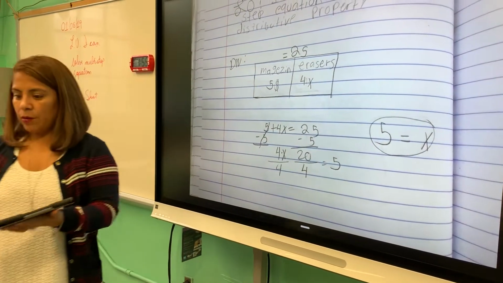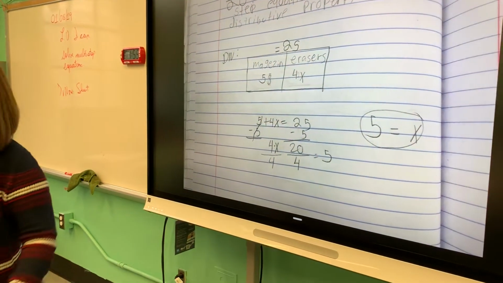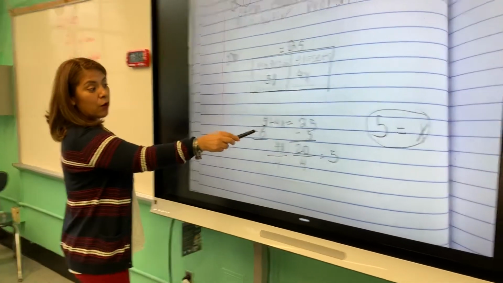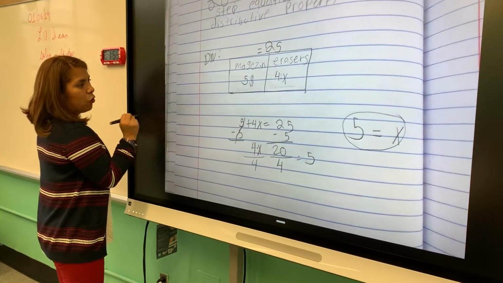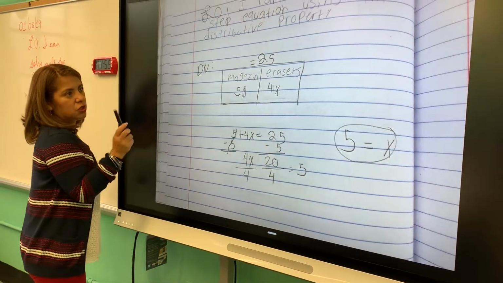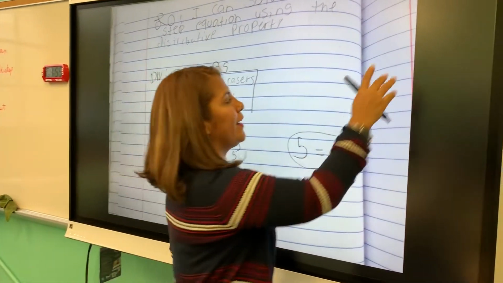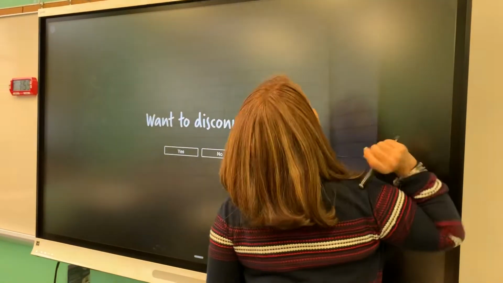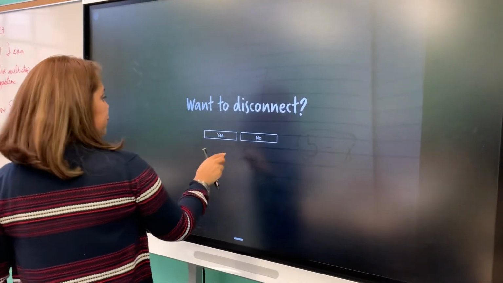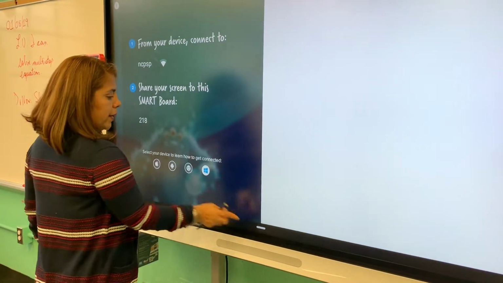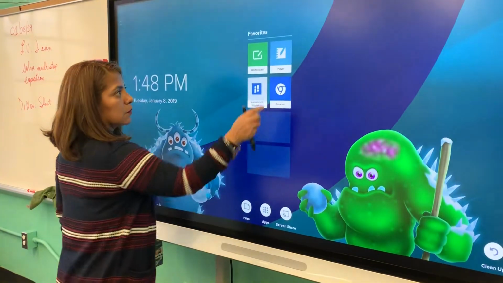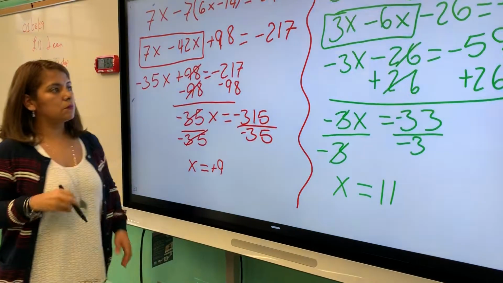I'm going back to that one. This is our equation. He wrote it as 5 plus 4x equals 25. What I'm going to do is write the same equation, but in a different way. Let me use the whiteboard.